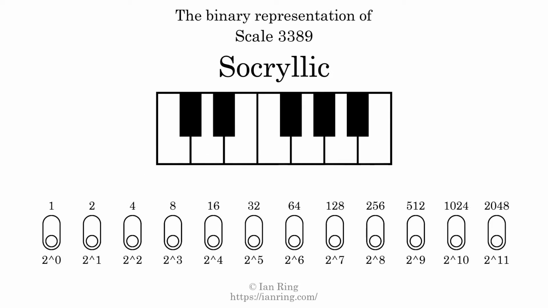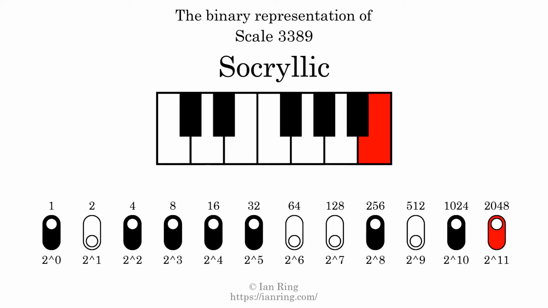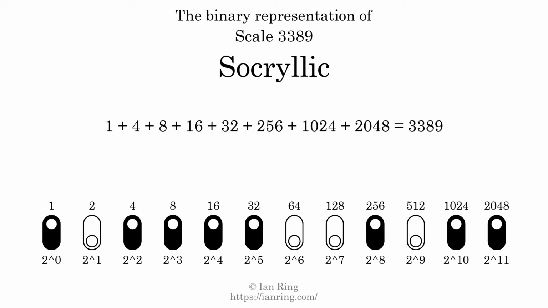The binary representation of this scale is determined by mapping tones of the scale to binary digits. Each binary digit represents a power of 2. To get the scale number, we add the powers of 2 together. The powers of 2 that are present in the scale, all added together, equals 3389.